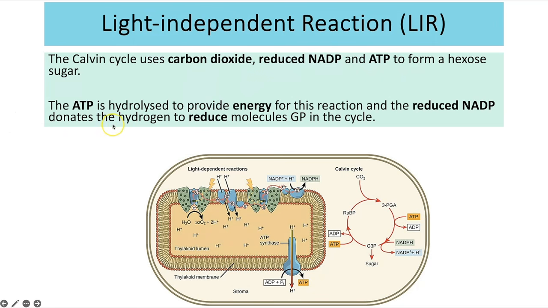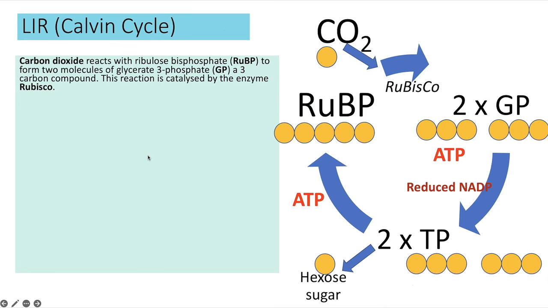And this stage involves ATP from the light-dependent reactions being hydrolysed to provide energy for the reactions, and the reduced NADP donating the hydrogen atoms, which is a proton and an electron, to reduce molecules, for example, GP in the cycle. But let's have a look at it step by step. So we begin here.